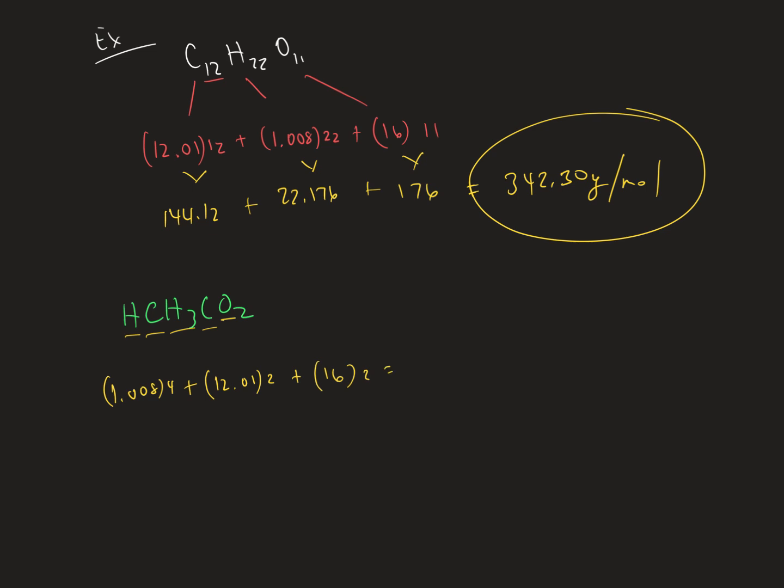We add those together. 4.032 plus 24.02 plus 32. That's 60.052, and we can round that if we want.